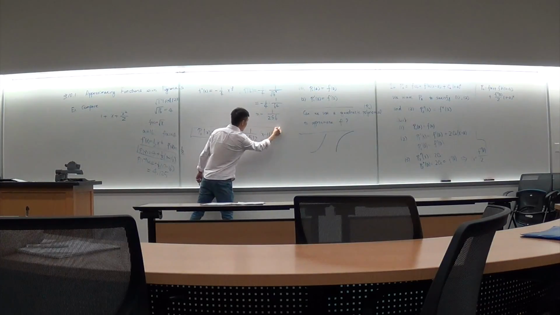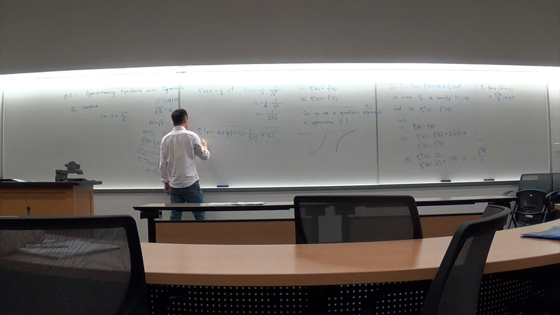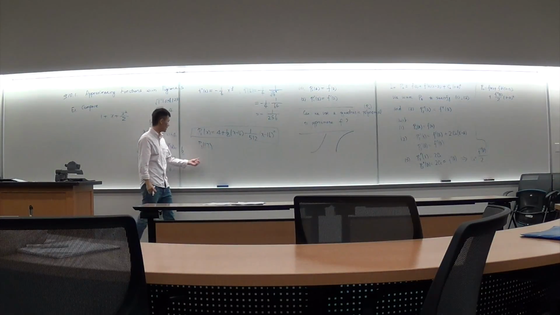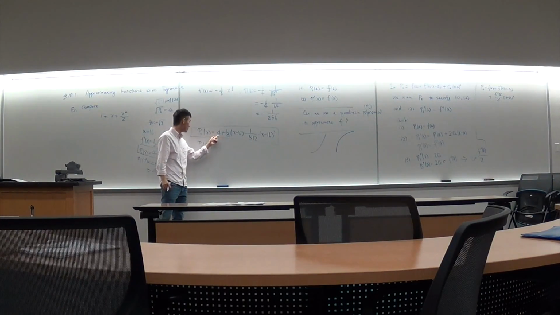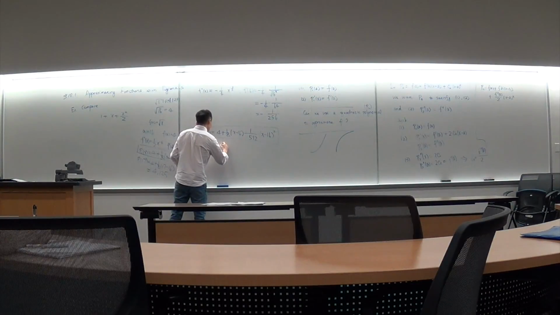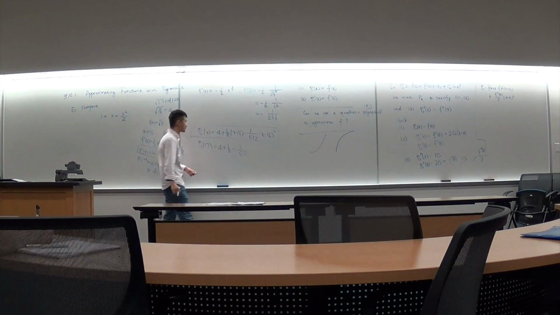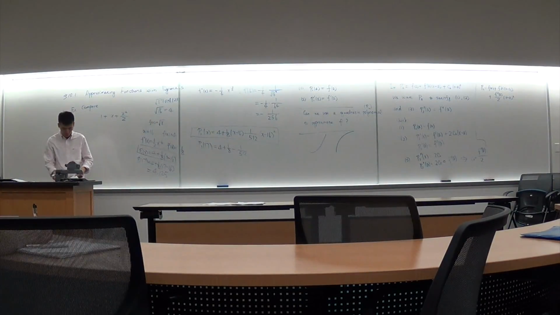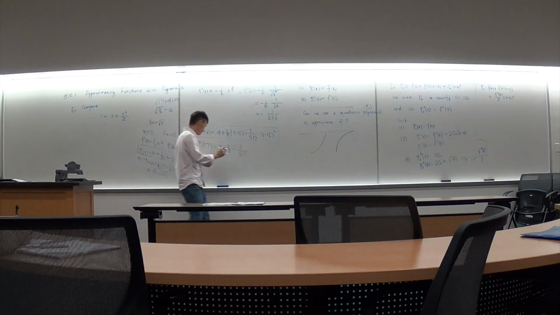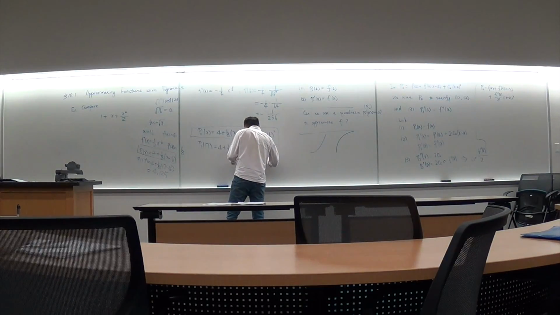Now let's approximate this square root of 17. Once again, we plug in 17 here. So we got 4 plus 1/8 minus 1 over 512, and that's equal to 4.123 and something.